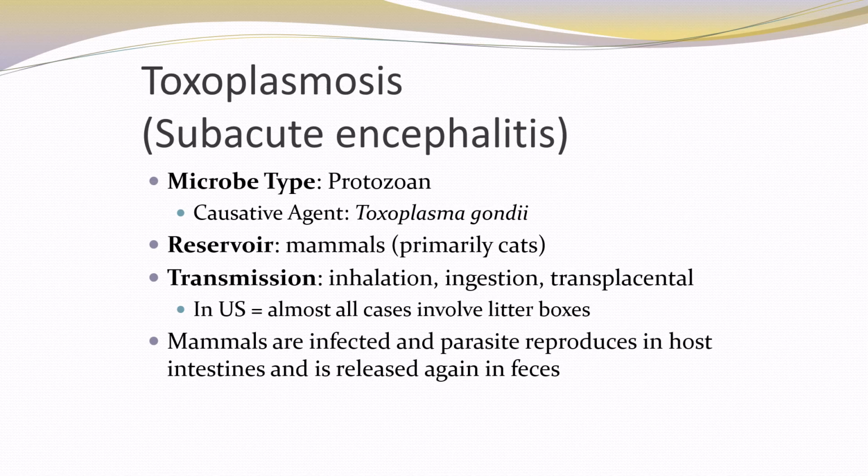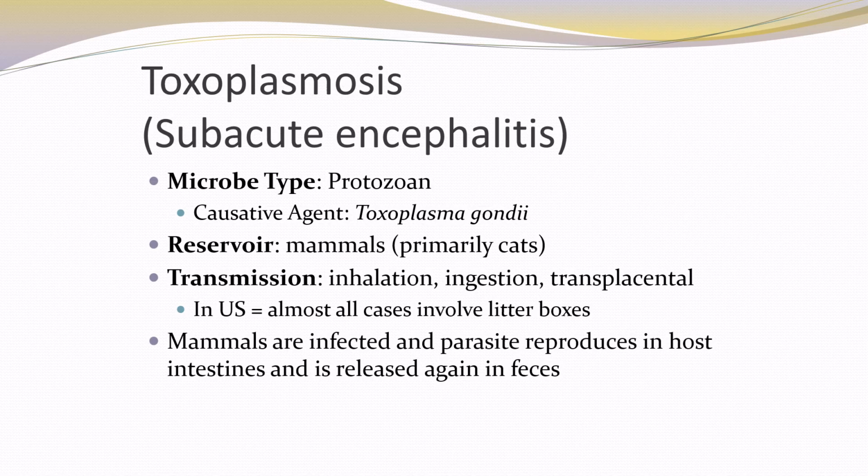In the US, typically what we see is that almost all cases involve litter boxes. A lot of it has to do with clay litter, drier litter, because that's kind of the goal, to dry out the feces so that it is easier to scoop and get rid of.